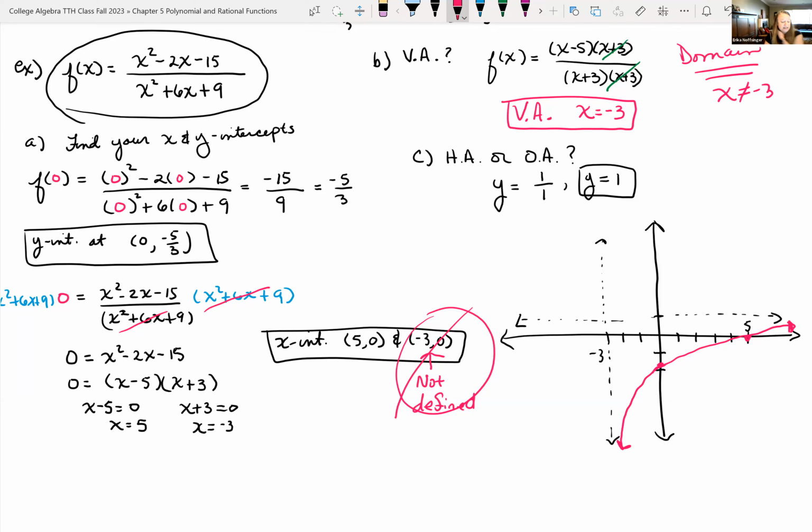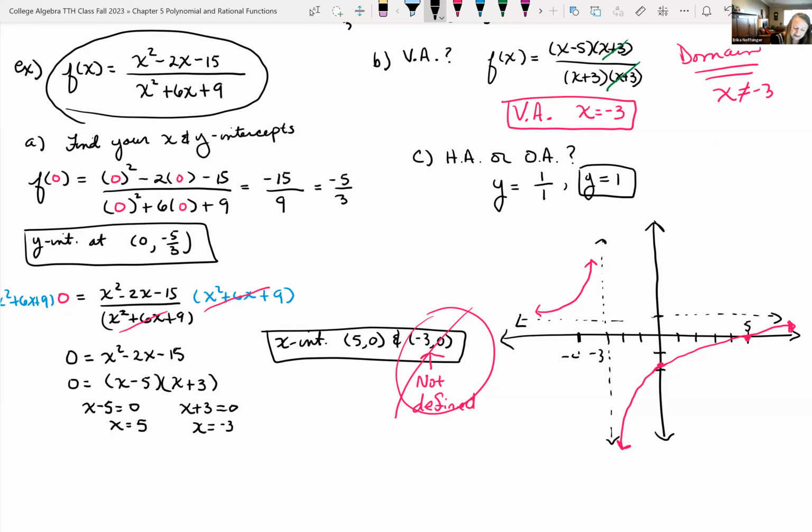And I know that because I don't have another x-intercept that it would turn back around and cross the x-axis. So it would have to look like that. Knowing I don't have any x-intercepts to the left of -3, my guess is that my graph is going to look like this for that piece. But I can show that by just plotting 1 or 2 points on the left of -3.